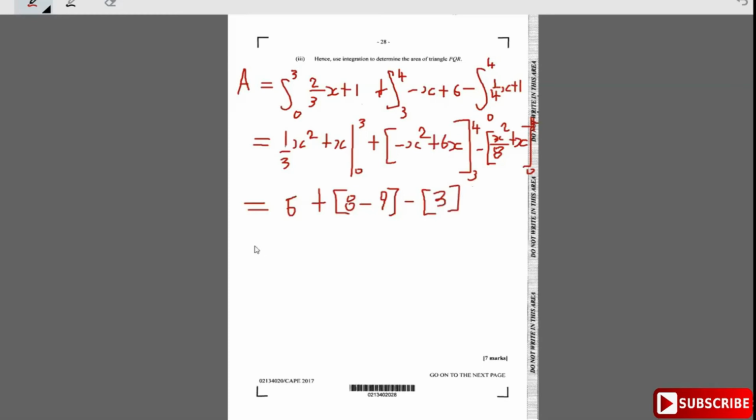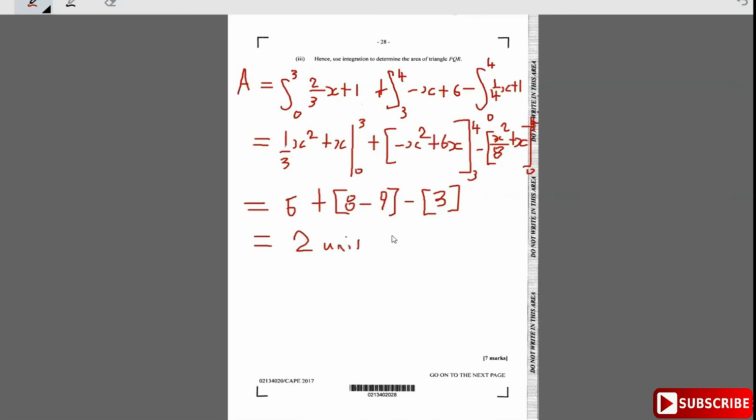So what I'm getting is 6 plus 8 minus 9 minus 3. I'm getting the area as 2 units square.